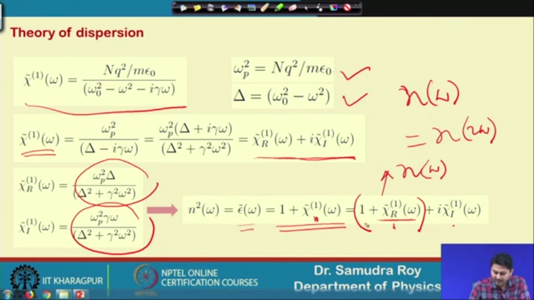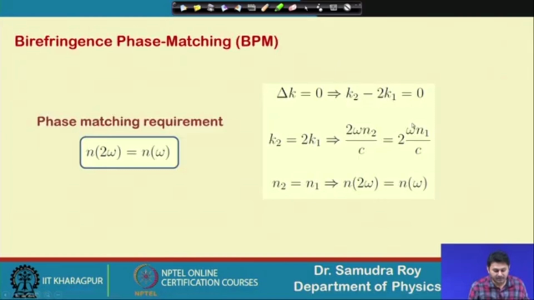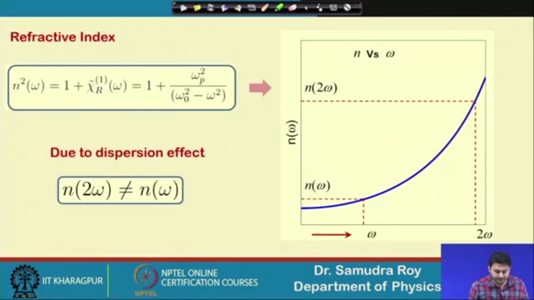So, once we have 1 plus this, the important thing is that the explicit form is given here. How this quantity will vary as a function of omega is given here. So, we have this functional form, and if I try to find out what my refractive index is, we just plot it, and when we plot it we find quite an interesting thing, and that is this.